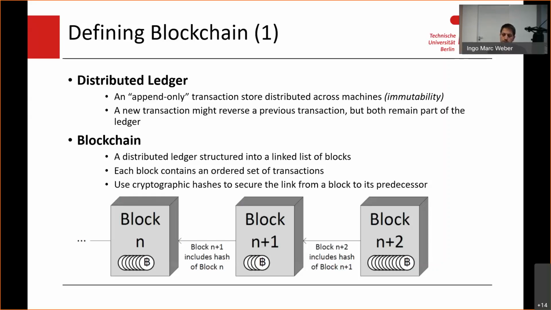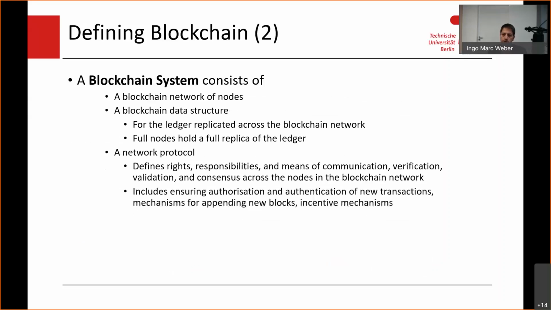As concepts, right? And then we define a blockchain system as a concrete network of specific nodes, of machines that interact with each other, having a concrete data structure. So the blockchain data structure, the ledger, is distributed across the network, and you have a network protocol in there.